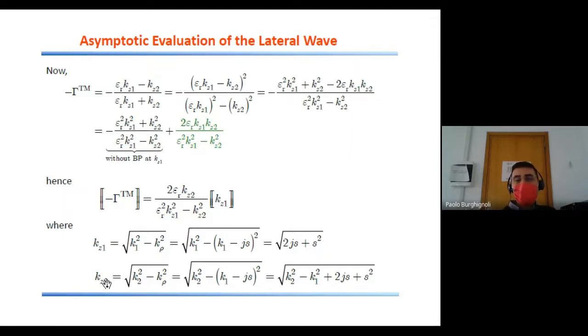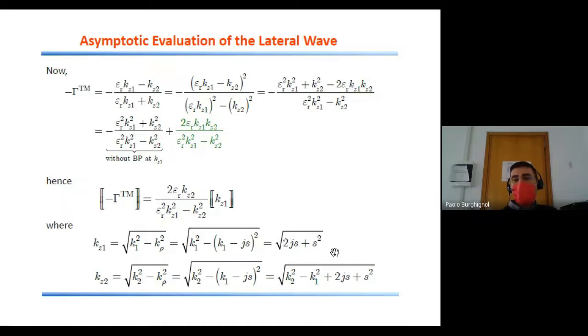If you do the same steps with KZ2, you will discover that there is no cancellation of the wave numbers inside the square root, so there is an additional term that is K2 squared minus K1 squared. This tells us that in the limit when s is a small number, KZ1 will tend to 0, whereas KZ2 will not. It will tend to some finite number.